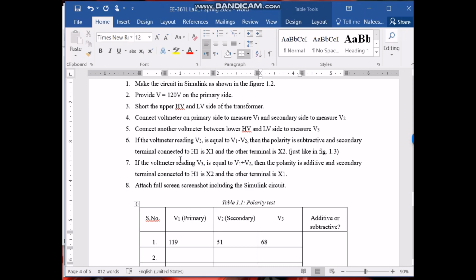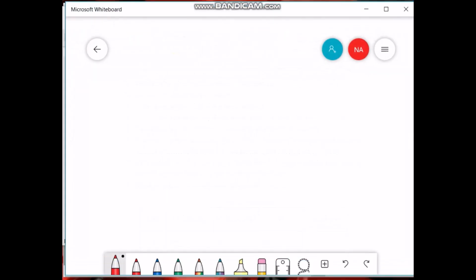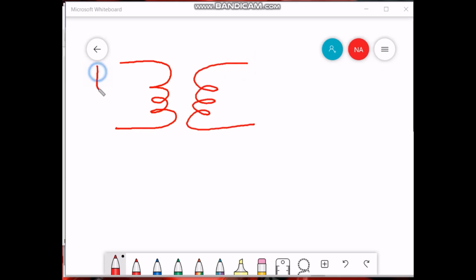So secondary terminals are X1 and X2. Okay, so the polarity of our transformer is something like this. This is H1, this is H2, this is X1, and this is X2.